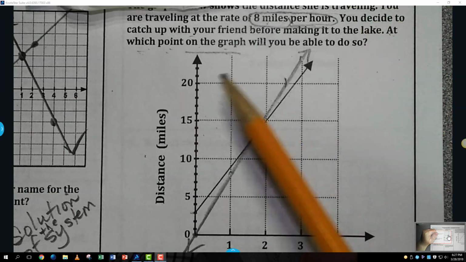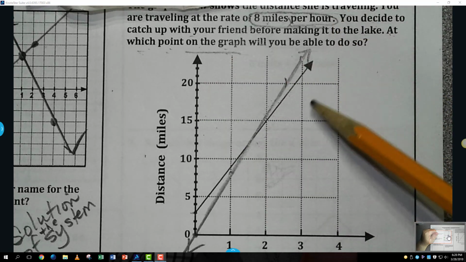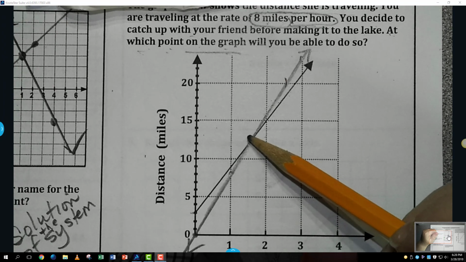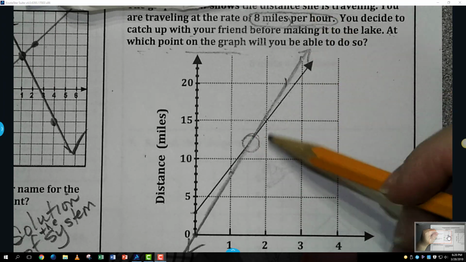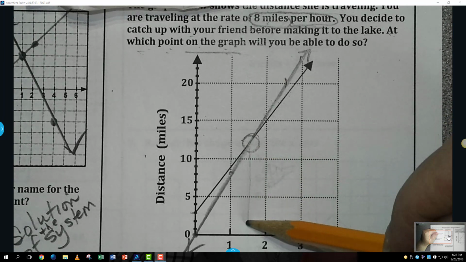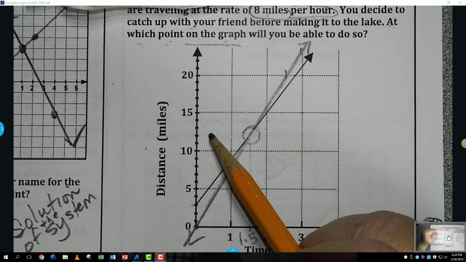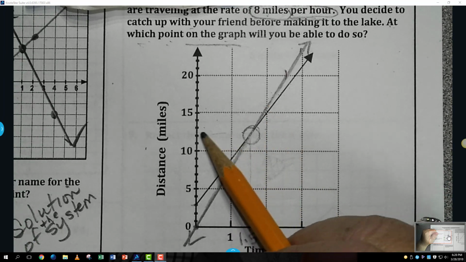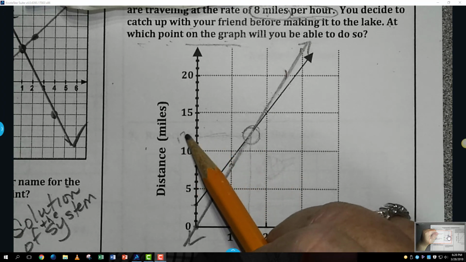Okay, so it says, at which point on the graph will you be able to do so? In other words, where will you be able to catch up with her? So it looks like right in here is where it crosses. Okay, and that is about 1.5, and yeah, about 12 miles.